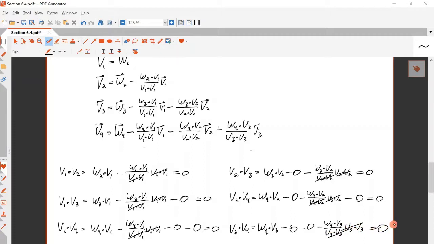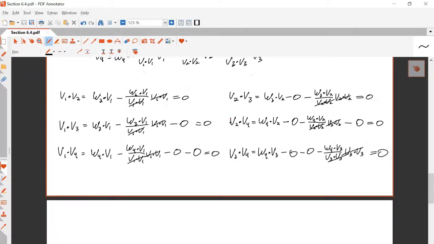Cancel and you get 0. There it is. Pretty neat. So it just goes on and on like that. So that's the proof for m equal to 4.